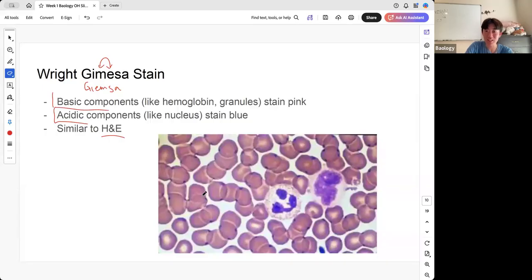I'm not sure what the names of these components are, but the basic components of a cell, so for example, hemoglobin or granules, stain pink, which is the same as H&E, right? Because in H&E, basic components, so positively charged components, also stain pink. And then acidic components like the nucleus stain blue. I mostly know, why do I know what Giemsa is?